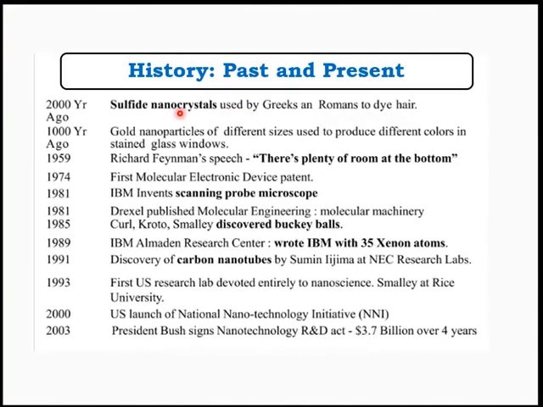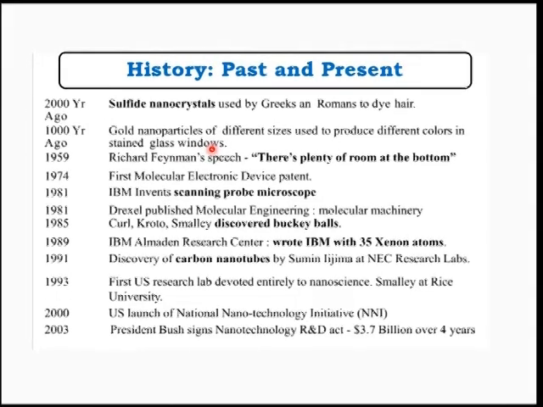In the year 1000, gold nanoparticles of different sizes were used to produce different colors in stained glass windows. The colored glass windows we see now were there earlier also, and that concept was of the nanocrystals.